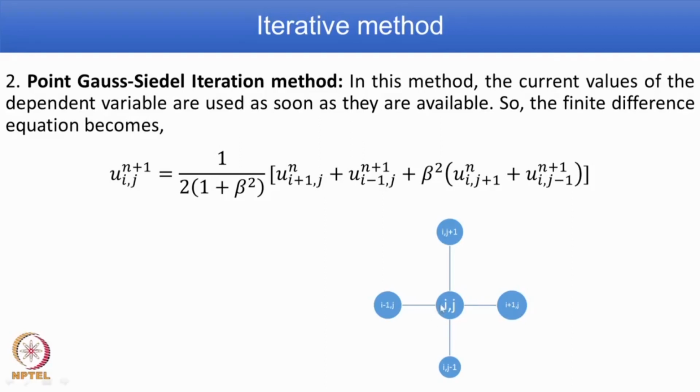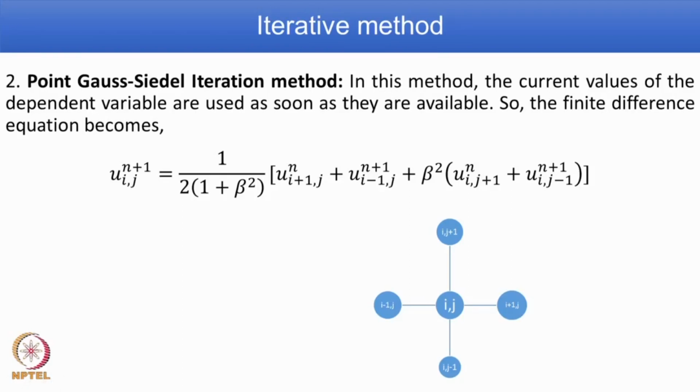That way, the nodal value i comma j is more realistic, because we learned from this discretization procedure that the i comma j value is influenced by neighboring nodes. So, if you take very close values, then the solution can be obtained faster, and in this procedure values at nodes i minus 1 comma j and i j minus 1 are known from the just completed iteration.